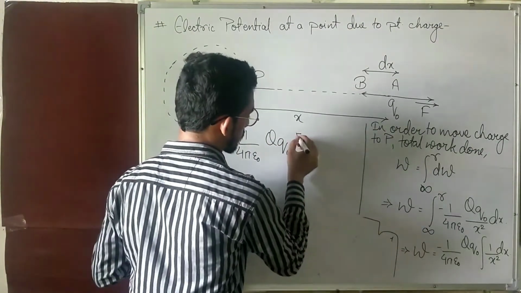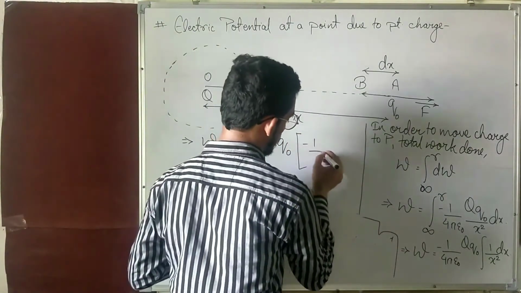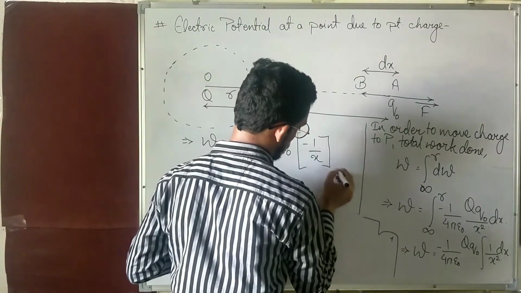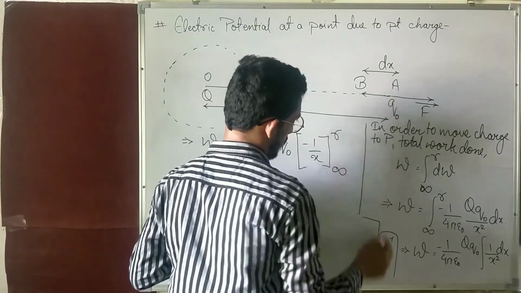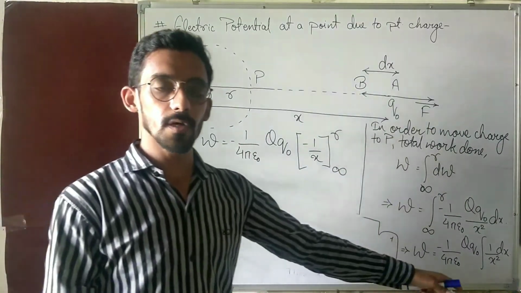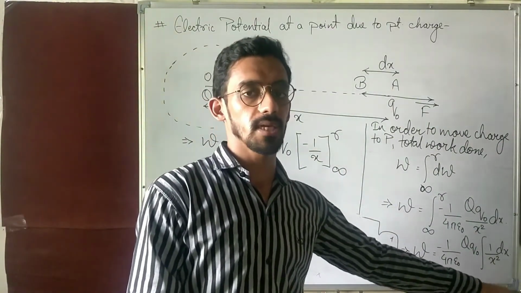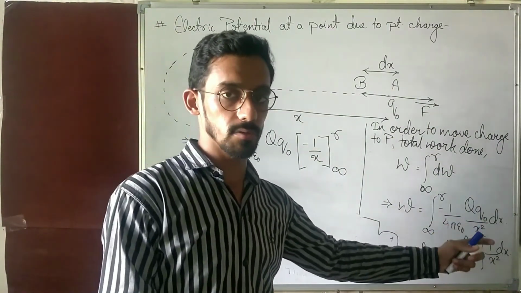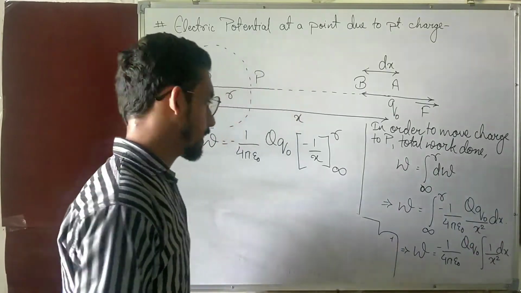And the integration of 1 by x square is equal to minus 1 by x, from infinity to r, by using the formula of integration of x to the power n dx, which is equal to x to the power n plus 1 upon n plus 1.